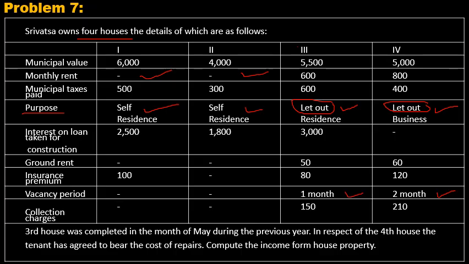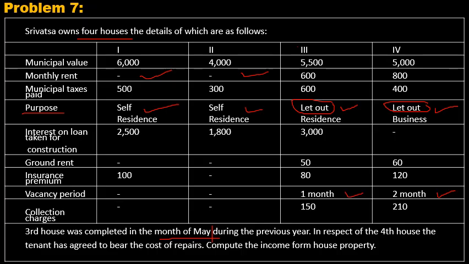Next point, third house was completed in the month of May during the previous year. So in case of third house, the construction was completed in the month of May in the previous year. So a house can be utilized or used only after completion of the construction. So SSC gets the income only after completion of the construction. So in the month of May, construction was completed.